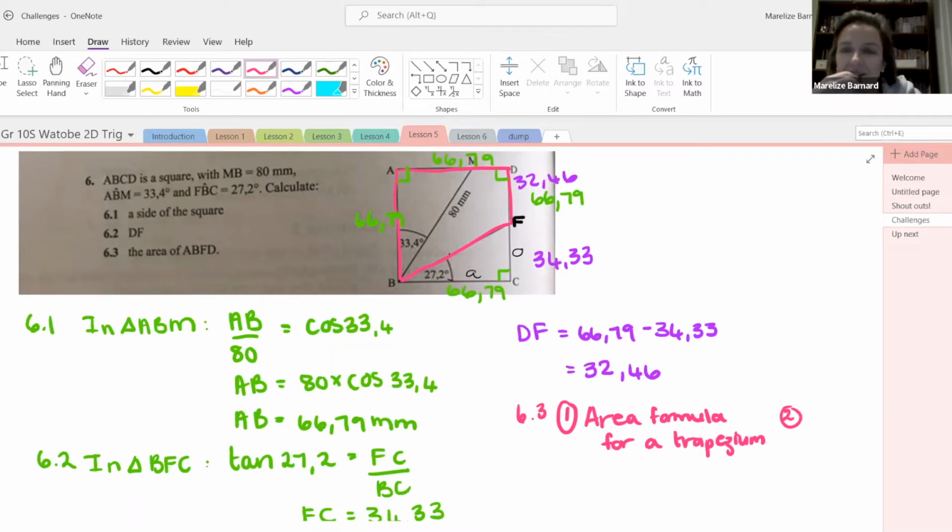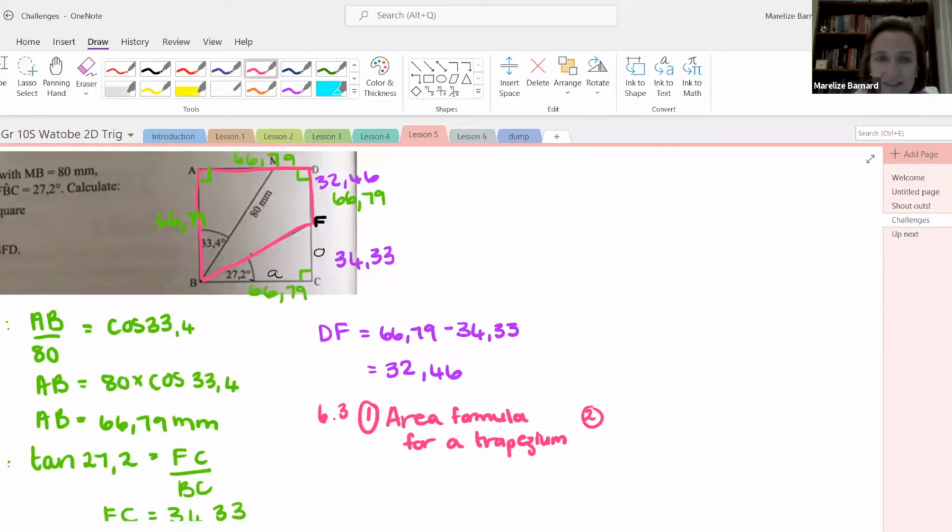Okay, so there we go, Corinne, jackpot. So the area of the triangle and the area of the square, it's just the other way around, okay? It's the area of the square minus the area of the triangle. Excellent. Well done.